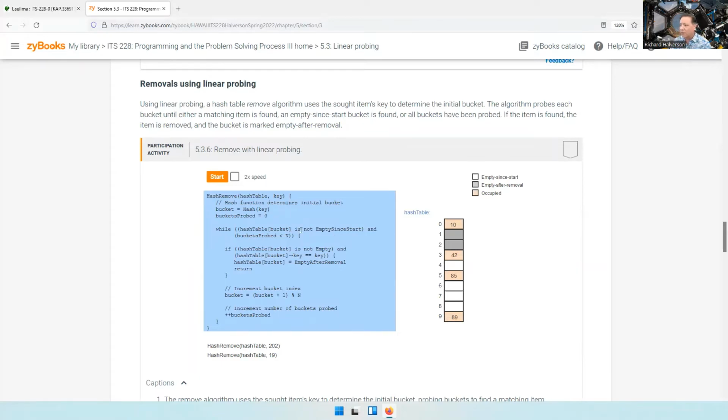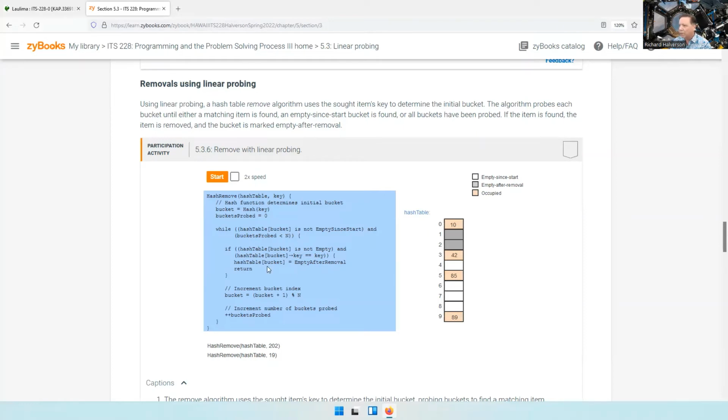If it is empty from the start and we haven't found it yet, then we know it's not there. Here we're looking for the key value that we want to remove.